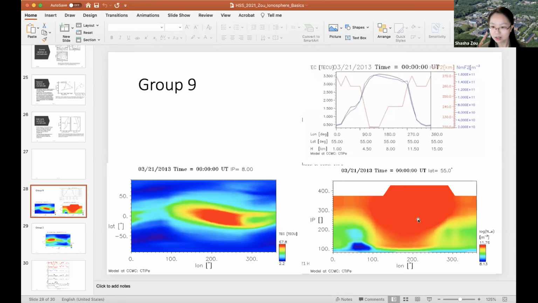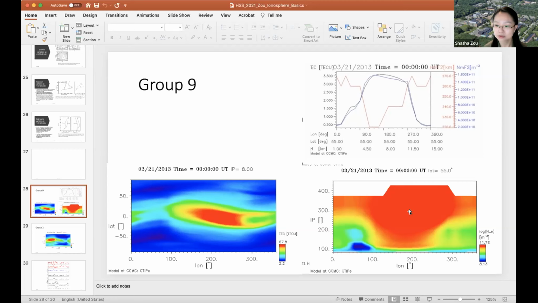The right plot here, I plotted the altitude density profile in log scale at 55 degrees and also for all the longitudes. So here you can see the contribution from the different layers to the total electron content. And this chart can also help you understand the NMF2 and the HMF2.